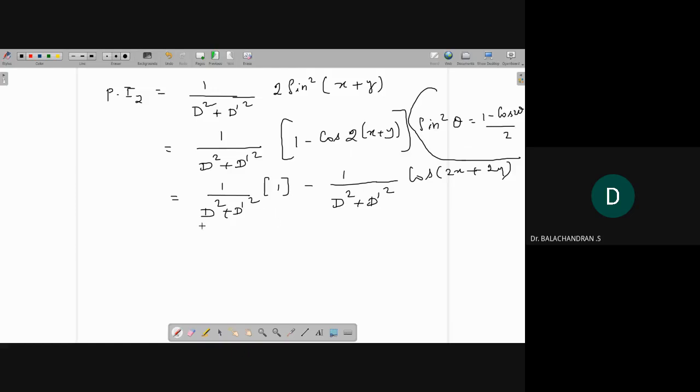But I'm going to use a shortcut method here also. So this is equal to 1 by D square plus D dash square.